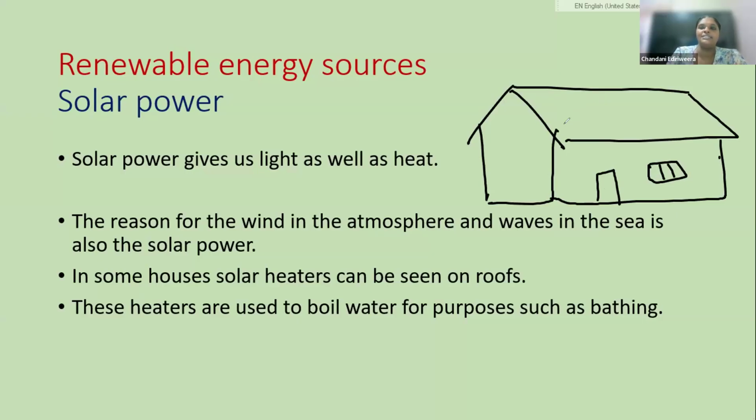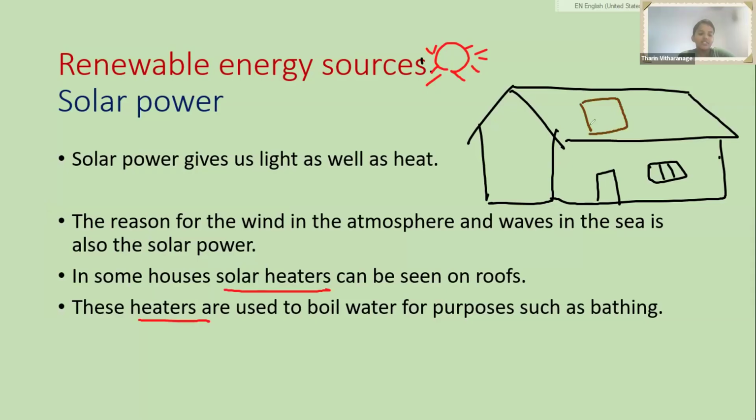But what the people in this area are doing is installing water heaters on the roof, right? Solar heaters are placed on the top of the roof. Madam, in our house we have one. Yes, in your house also you have solar heaters. The main purpose of the solar heater is to heat the water.